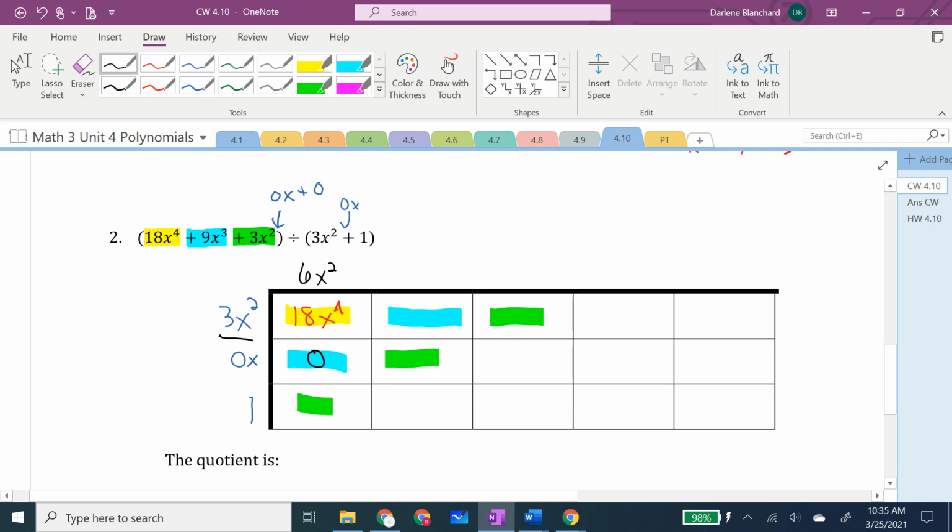If you want, just throw 0 down. 6x squared times 1 will give me 6x squared. Now, it's very important right now that you realize that that 9x cubed is only going to be found by adding these two. That means that this one has to be that 9x cubed.